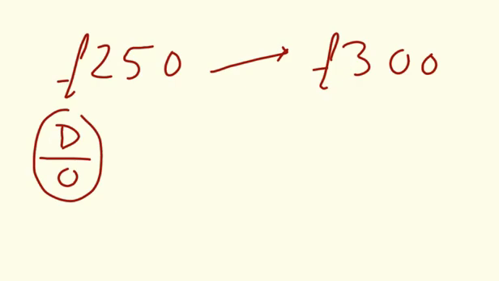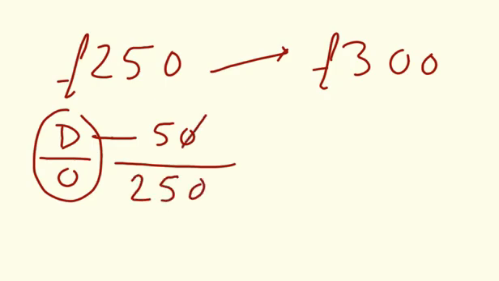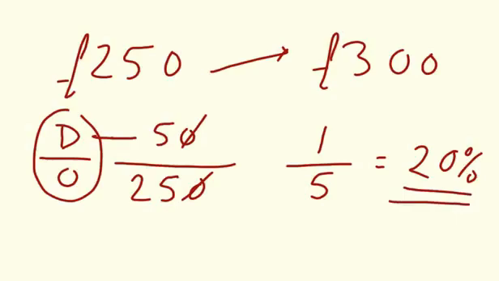The percentage increase, the percentage profit. Work out the difference. 300 minus 250 is 50. And the original price was 250. Cancel this. 1/5 equals 20%. So it went up by 20%.